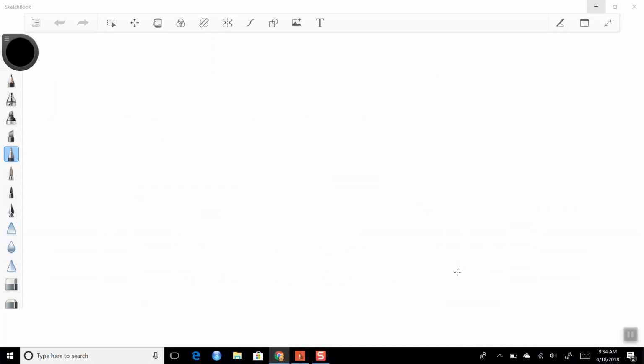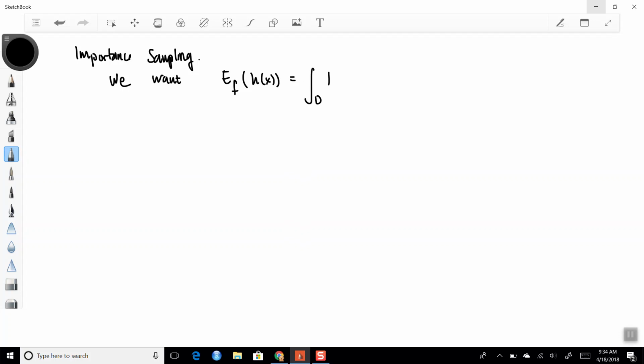Okay, instead of sampling from f of x, because we can't sample it directly, this is importance sampling. What we want is this thing: the expected value of h of x if our x's come from some distribution.